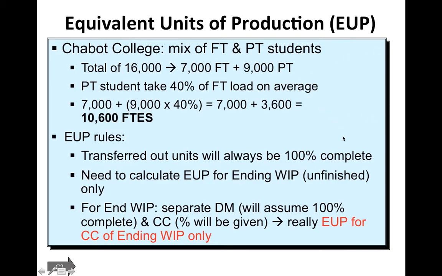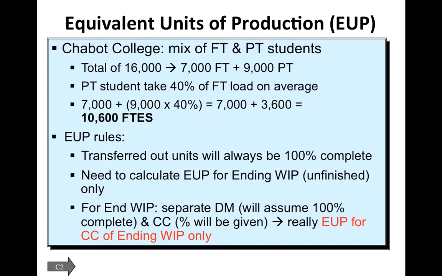Another way of thinking about it, I have some information here about Chabot College students. We have full-time students and part-time students. If we just count students, we have 16,000 of them. But for different purposes, especially for being paid by the state, the state wants to know how many full-time equivalent students we have. We have 7,000 full-time students, and 9,000 students are part-timers.